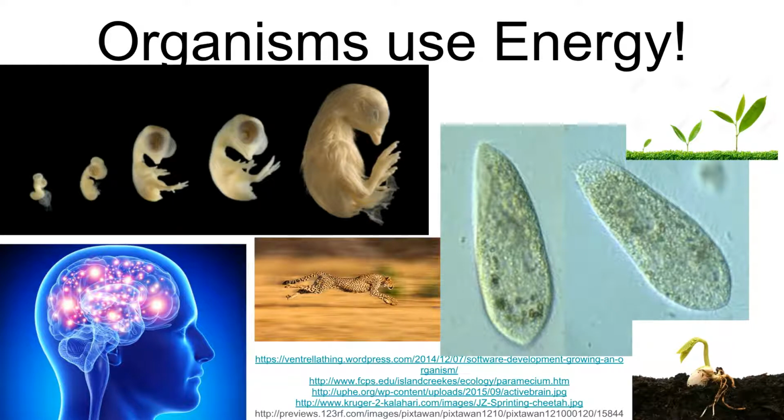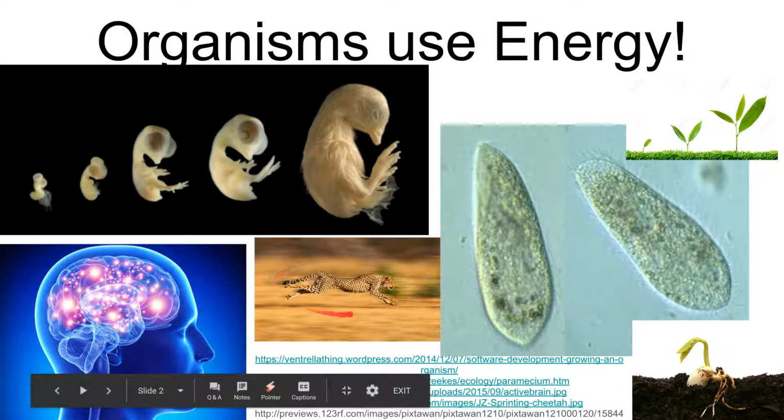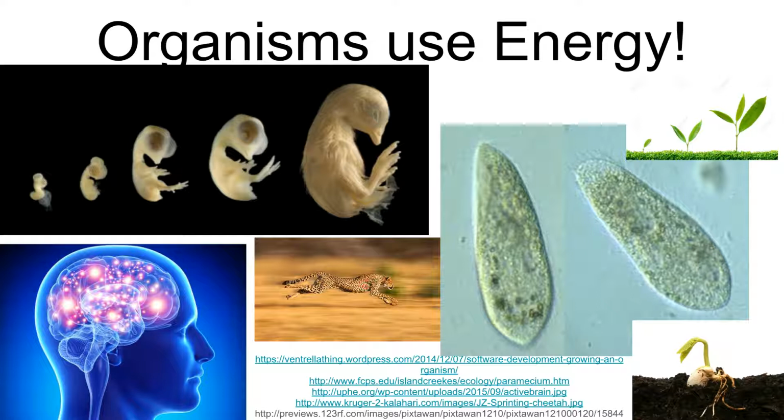Now, our scales within living things are much smaller because we're talking about things at a cellular level. And yes, a cheetah is going to apply great force and move great distances, but what's doing the work is actually at the cellular level, where microscopic forces are moving microscopic distances.